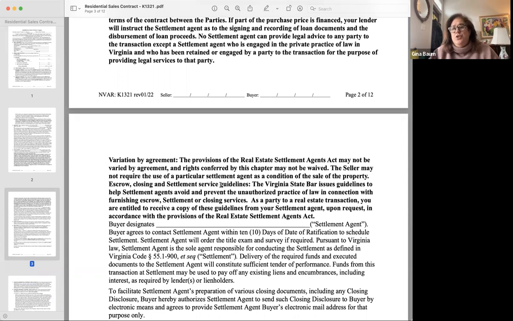When the seller is using a different settlement company other than the buyer's, it's usually just a matter of signing paperwork. It's not that they're actually getting separate representation. They are, however, allowed to pay for separate representation and have another agency handle their side of the closing.